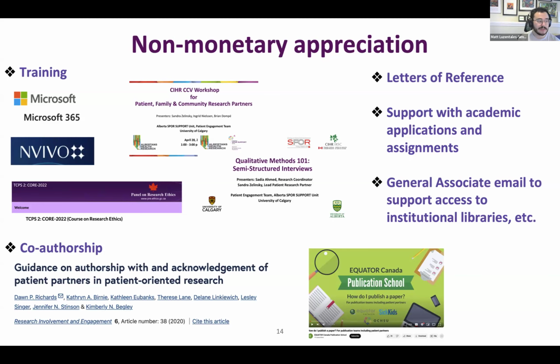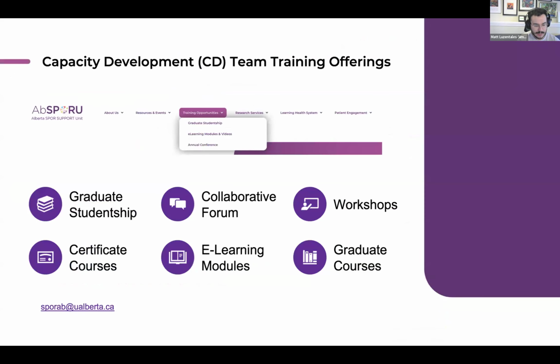And so there are a lot of different ways that you can show appreciation for your patient research partners that are not honorariums or hourly wages or compensation.